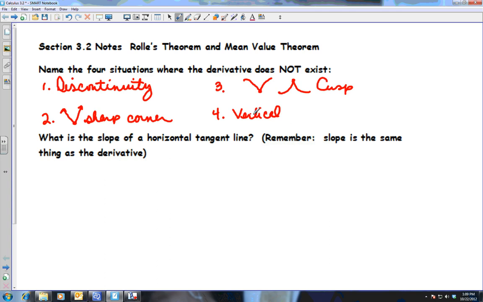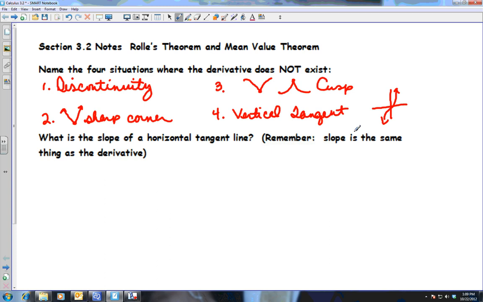The derivative does not exist there, because the slope of a vertical tangent line would be undefined. Okay, an example of what that would look like. Remember something like that. I have a vertical tangent right here. So those are the four situations where the derivative would not exist.